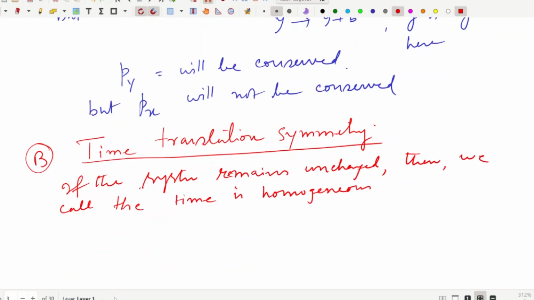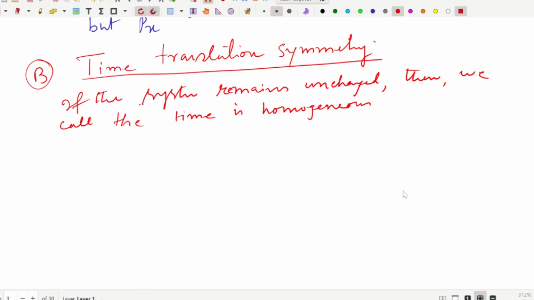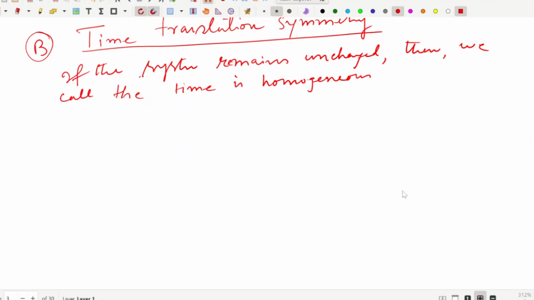When we discussed the construction of the Lagrangian for a free particle, we have seen that space is homogeneous, and time is also homogeneous for a free particle. The meaning of homogeneity there is that if you look at the system dynamics at 10 o'clock or at 11 o'clock, you will have the same dynamics.